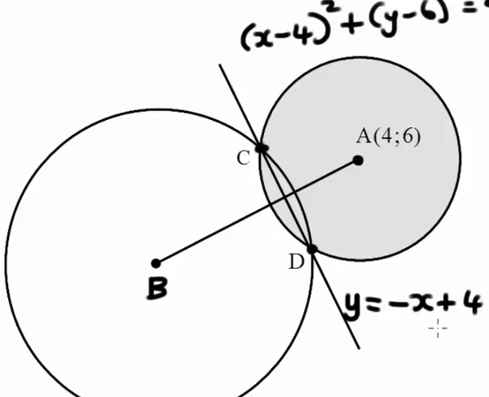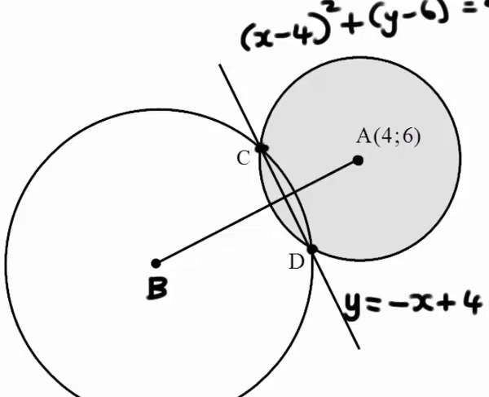In other words, that line goes through those two points C and D. So what we really need to do is take the big circle and the line and get the coordinates of the points of intersection, do the same with the little circle and the line, and if the big circle and the line and the small circle and the line have the same coordinates of the points of intersection, we know that they intersect along that line. So that's what we're going to do first.